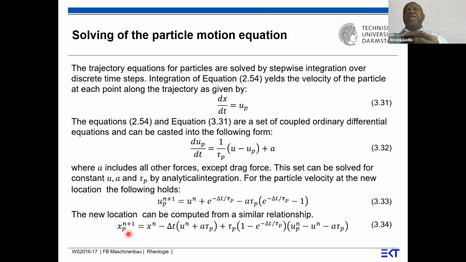We have the position at time step n plus 1 dependent on the position at the previous time step. We have the first part, plus this also, plus this term multiplied by this term. And this gives us the position of our particle at a time step, having in mind the position at the previous time step.